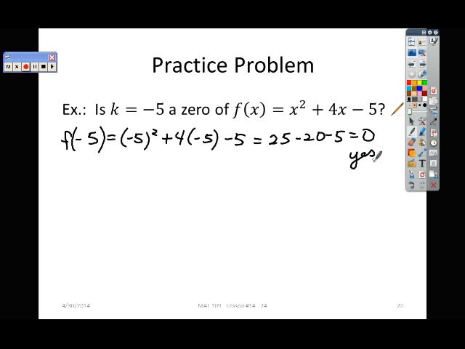I normally choose this way. I think it's a little less work than the synthetic division, but this has the disadvantages also. We'll get to those in a minute.